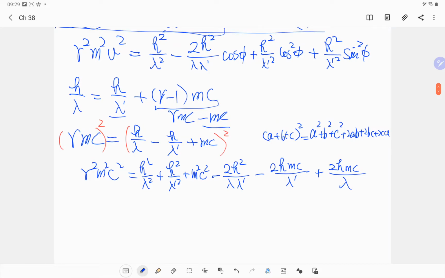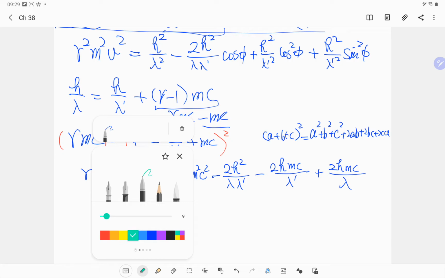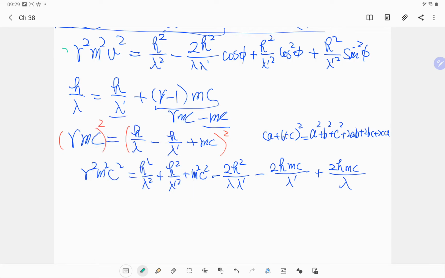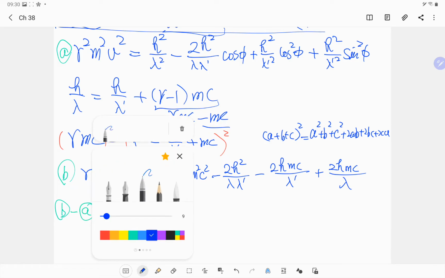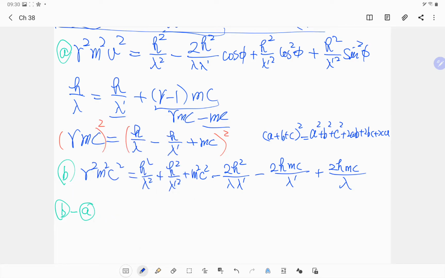So actually this one we can call A, this one we can call B, and we can have B minus A. So for B minus A, for the left side, we have gamma squared m squared, gamma squared m squared.